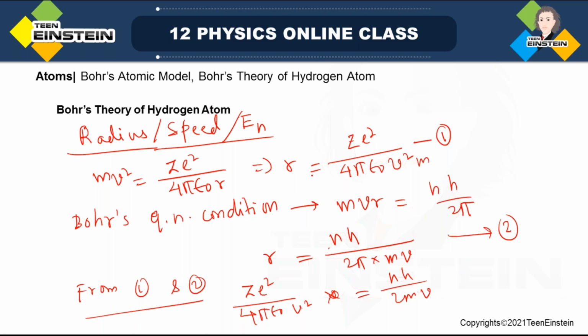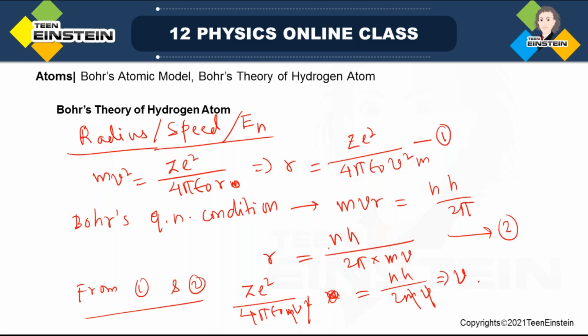I think I have left the m over here, so there will be m here. So mv square. Now if we equate these two, we can strike this m off, and then from here also we can get the equation of v.